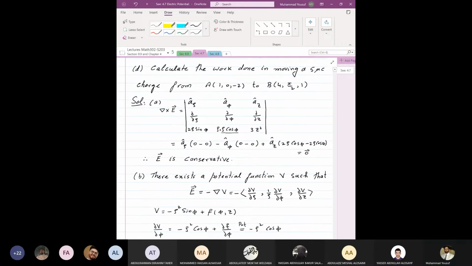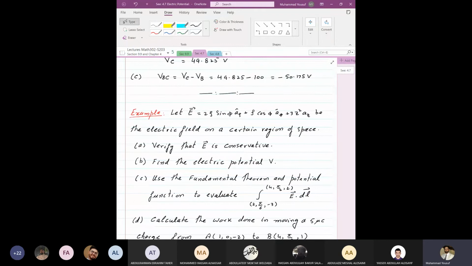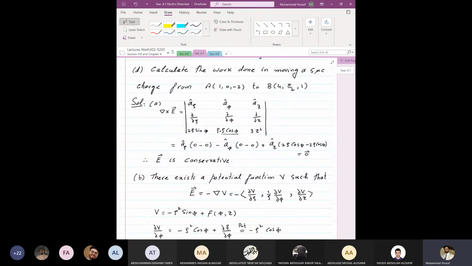Now, how to find V? We compare this E, which is the negative gradient of V, with the given E, 2 rho sine phi, and we integrate it.